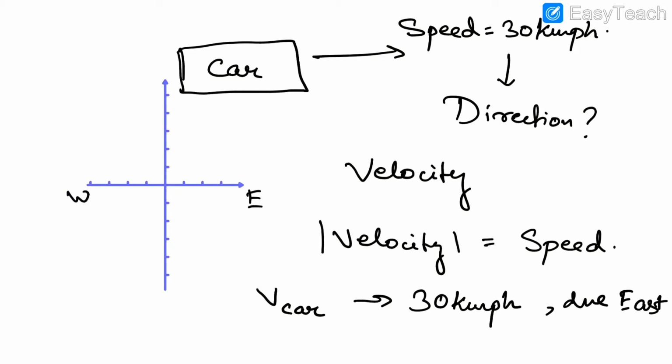This is the major difference. There are many quantities we'll be dealing with, because in physics the main thing is seeing the difference between vectors and scalars, and vectors will come largely into play in the whole of physics.